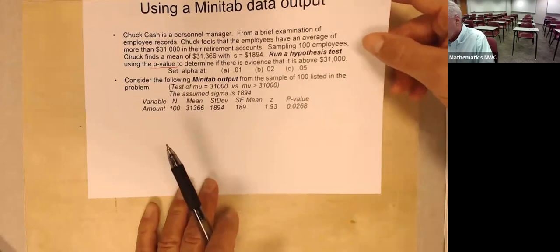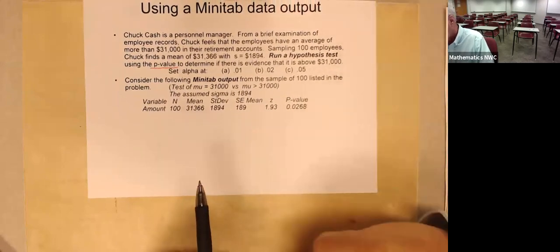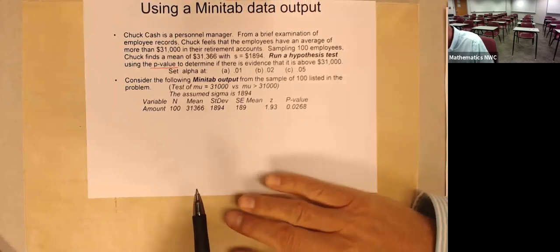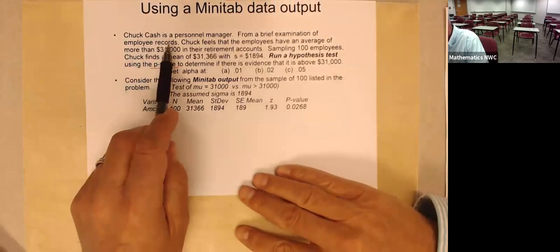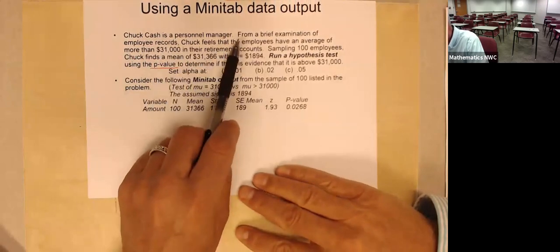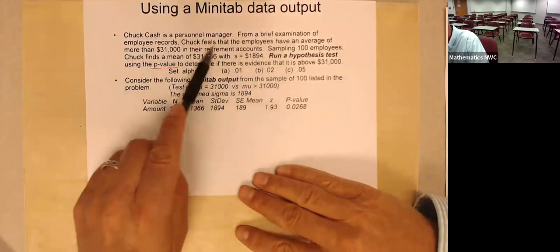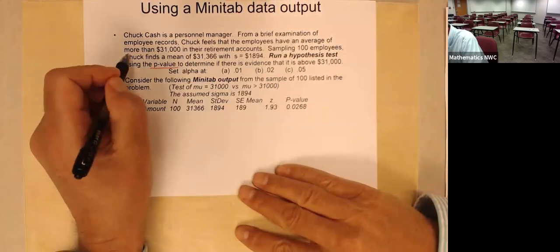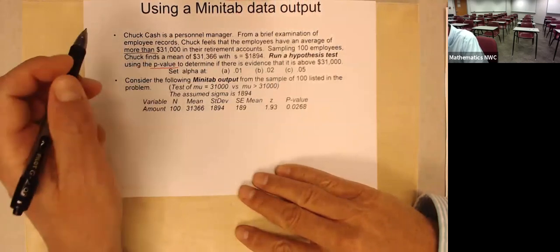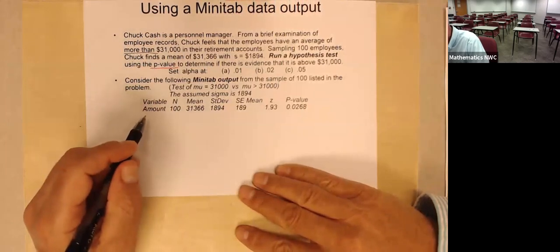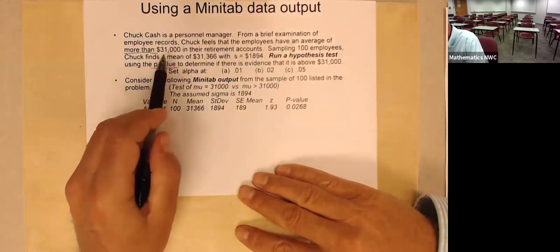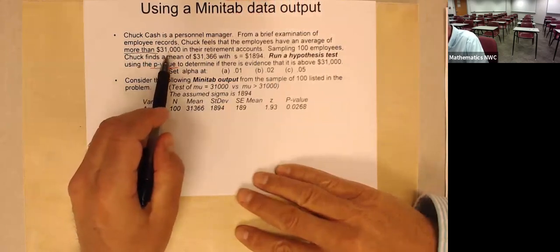Let's take an example now that has a computer printout. Okay? Chuck Cash is a personnel manager. From a brief examination of these records, Chuck feels the employees have an average of more than, there's a key phrase that's screaming at us, single-tailed test, more than 31,000 in their retirement accounts.